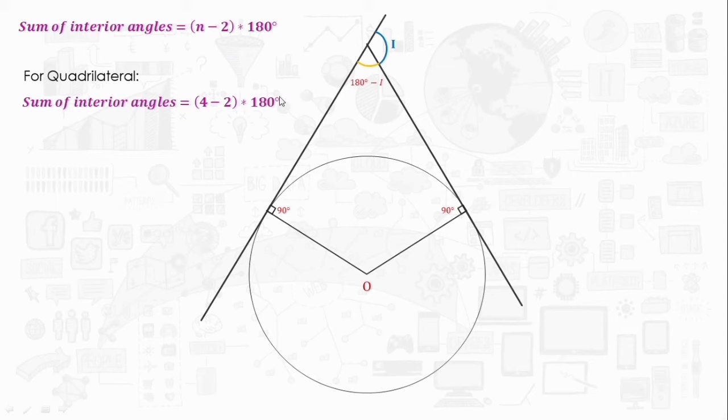Therefore, the sum of interior angles of a quadrilateral is equal to 360 degrees, since 2 times 180 is 360 degrees. So when you add all of them, it equals 360 degrees. To get the central angle, we subtract these three from 360. Adding 90 plus 90 is 180, and 180 plus 180 is equal to 360.